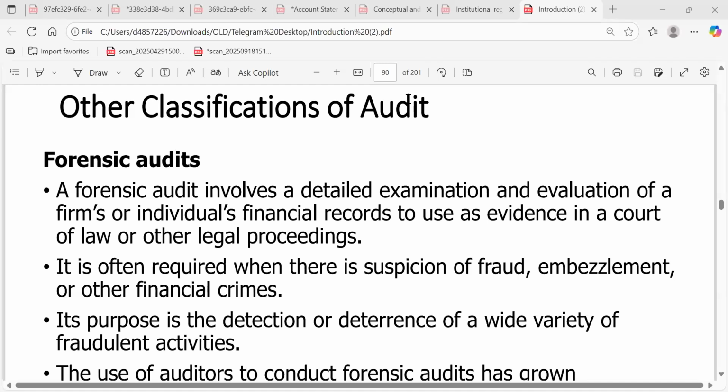So when we talk about a forensic audit, it is a form of audit that involves a detailed examination and assessment of a firm's financial records. So sometimes it's not everything that the audit can unearth. Remember, the primary objective of the auditor is not to detect or prevent fraud.